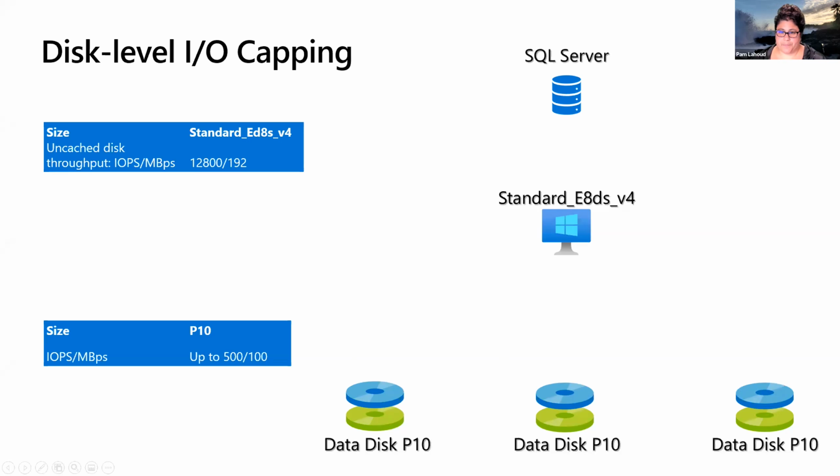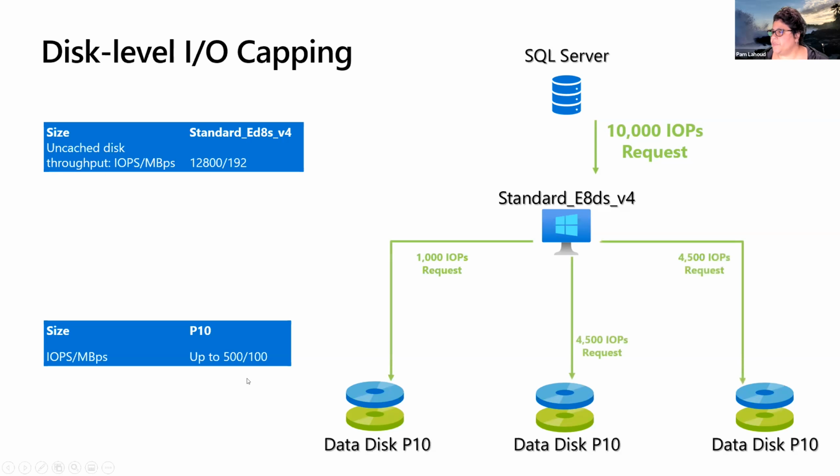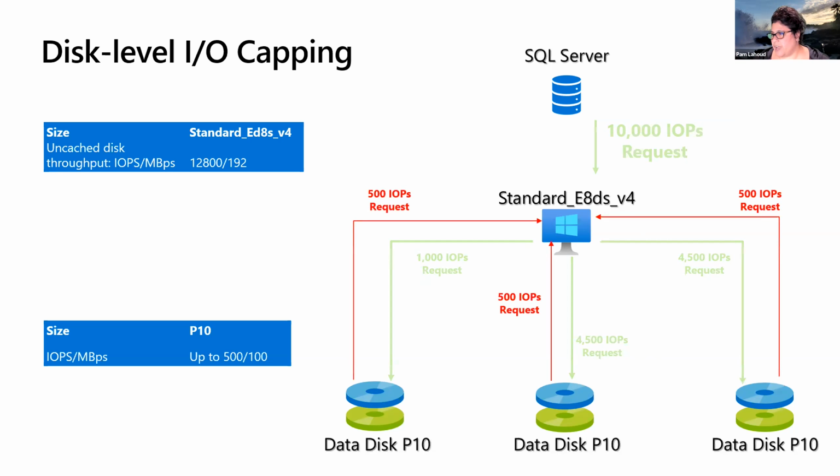So let's say that our SQL Server issues 10,000 IOPS against the VM storage. So we'll assume that it's spreading it out this way. I don't know, this is just an imaginary example, so I don't know how it would be spread out this way. But let's just assume that it's throwing 4,500 IOPS at one drive, 4,500 at another, and 1,000 at the last one. These drives are not capable of that much IOPS, so they will only be able to return 500 IOPS per second.